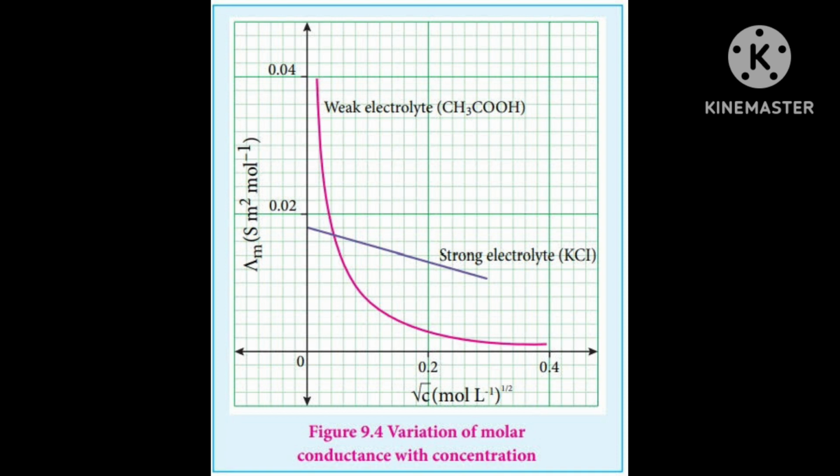Pi value is 3.14, and since the diameter is 1 centimeter, the radius is half of this, that is 0.5. Then you can easily find the area, pi r square, 3.14 into 0.5 square.